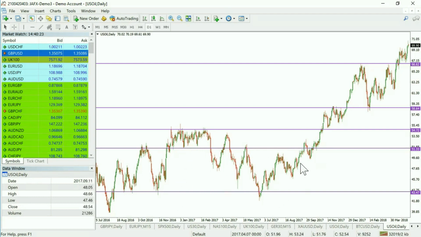So you can capitalize. If you conduct your analysis, you can use these technical tools to conduct some significant analysis on this market.